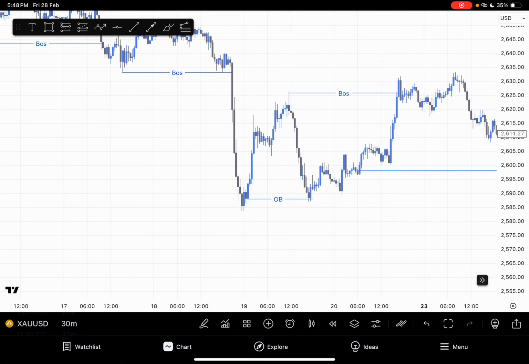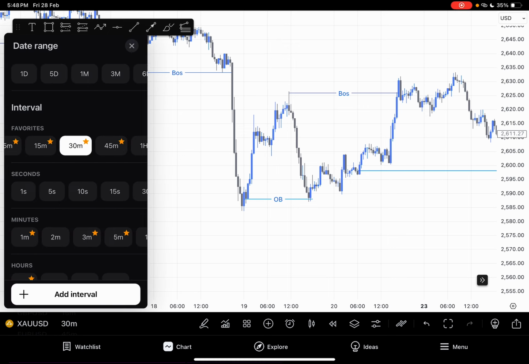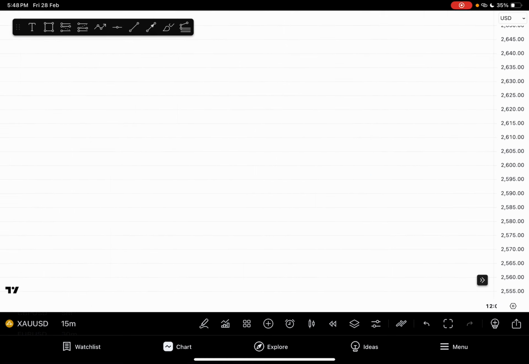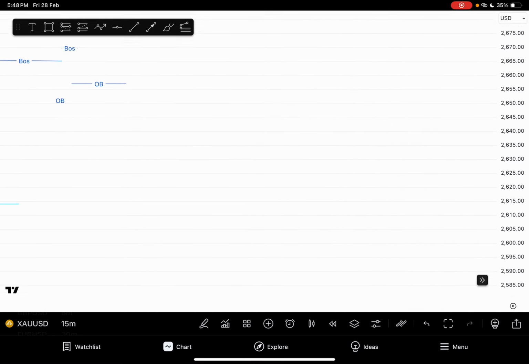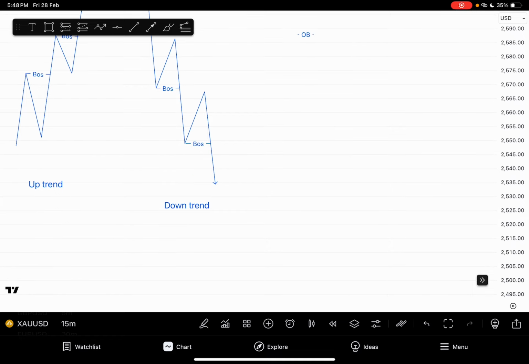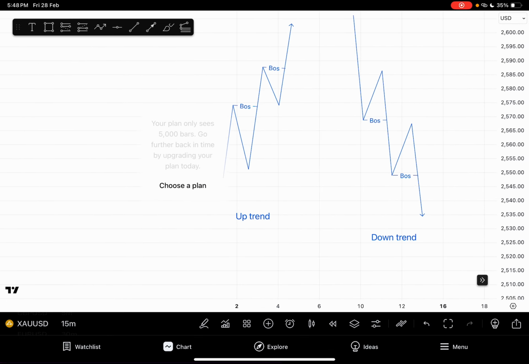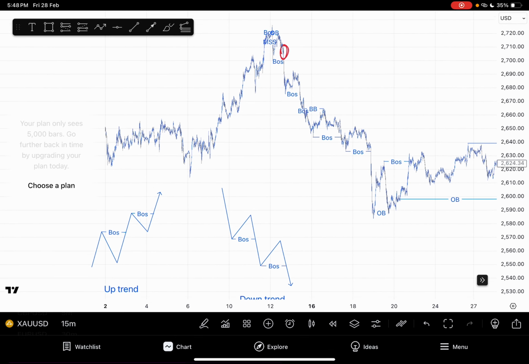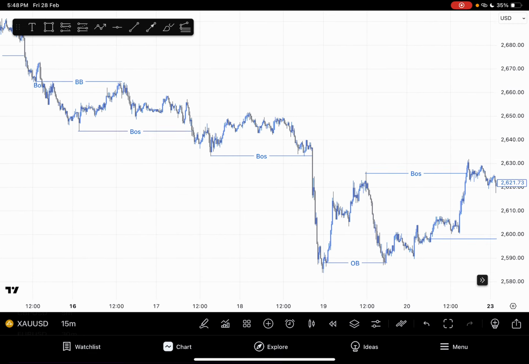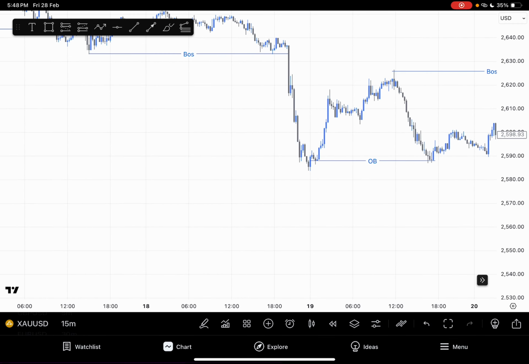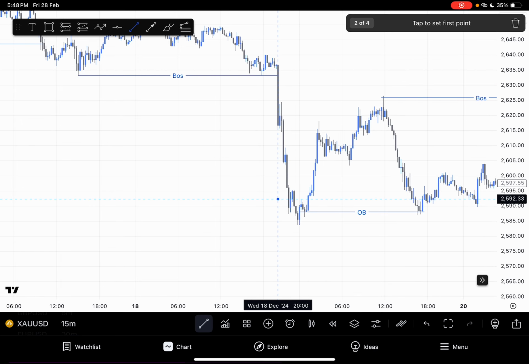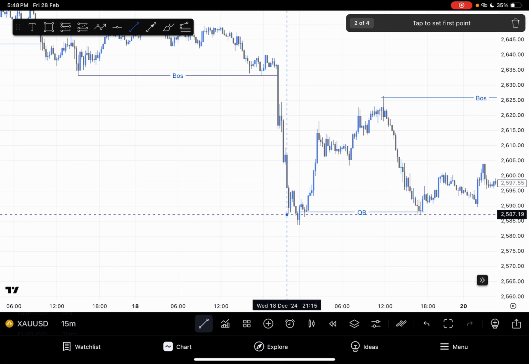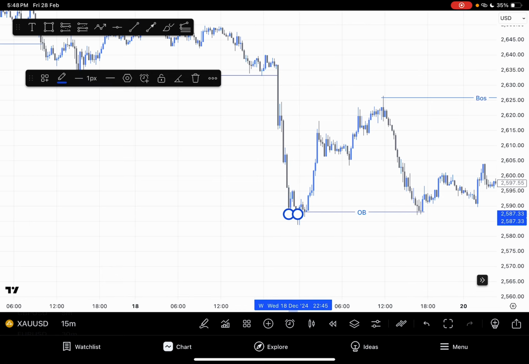So what next? You go down to a lower time frame. You can see the last break of structure here, taking out liquidity.